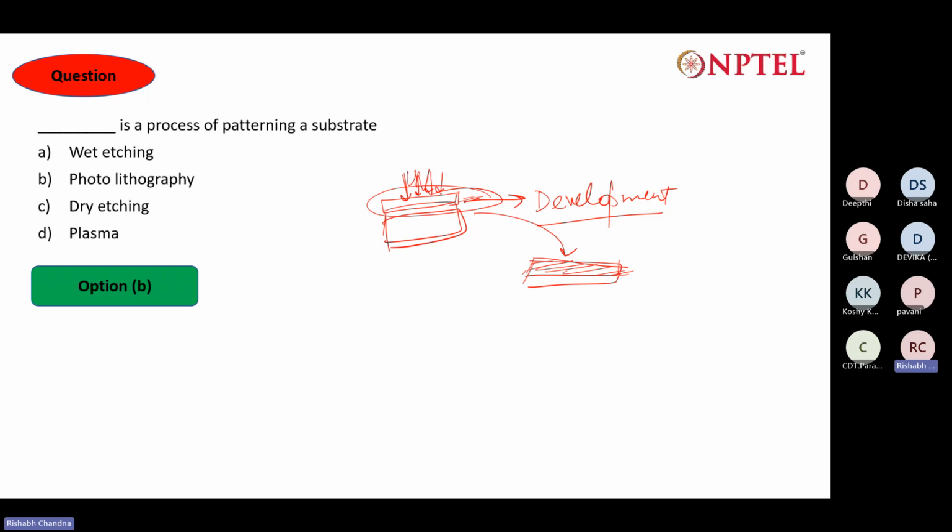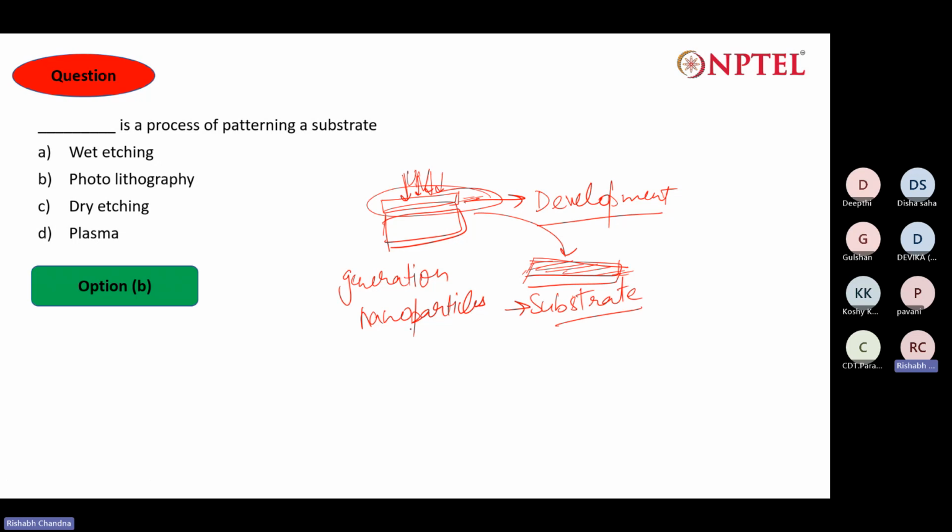This is the major tool that we use for generation of various nanoparticles or any other nanoparticle layer on a particular substrate.